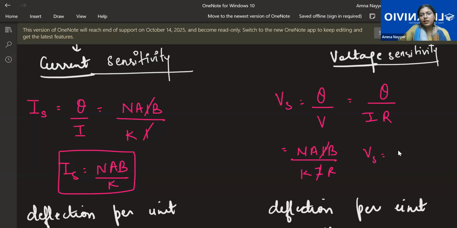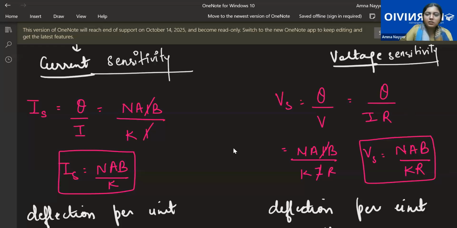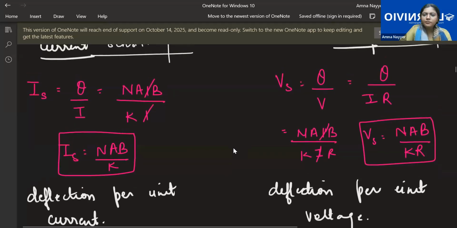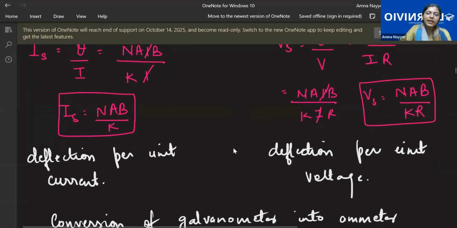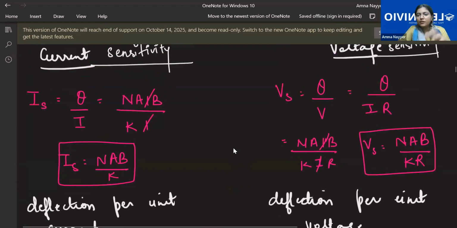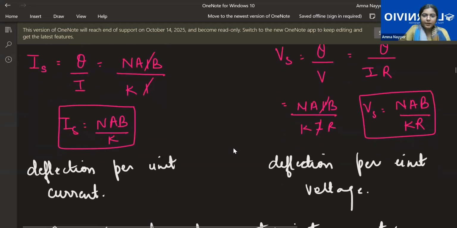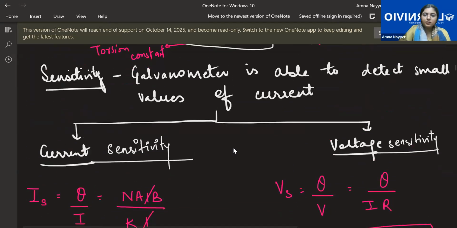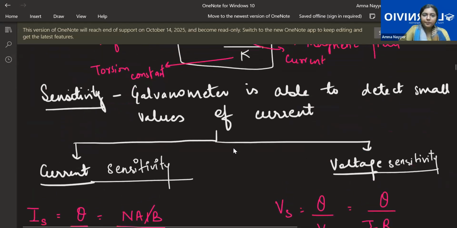So voltage sensitivity will be NAB divided by K R. Ma'am, in voltage sensitivity, resistance has to play a role. Yes, it would be the resistance of the galvanometer. A galvanometer will also have its resistance. It's a device, so resistance will be there. This part I'll tell you later. First, you write down this sensitivity part.